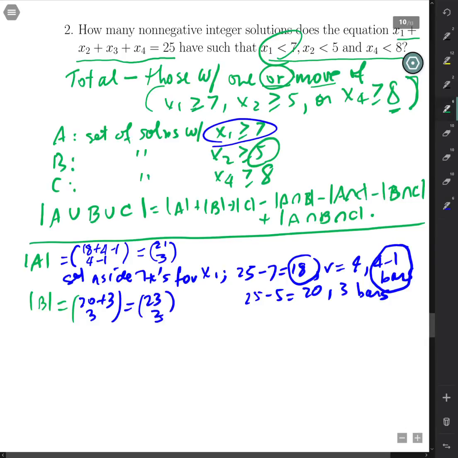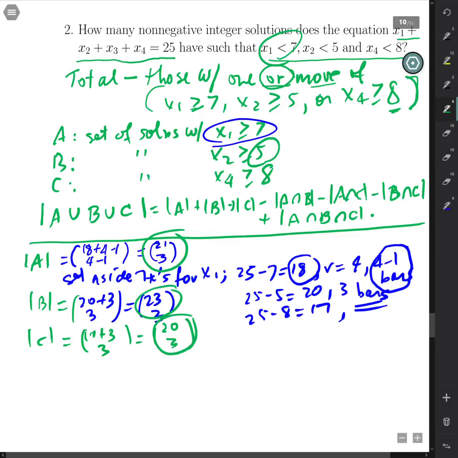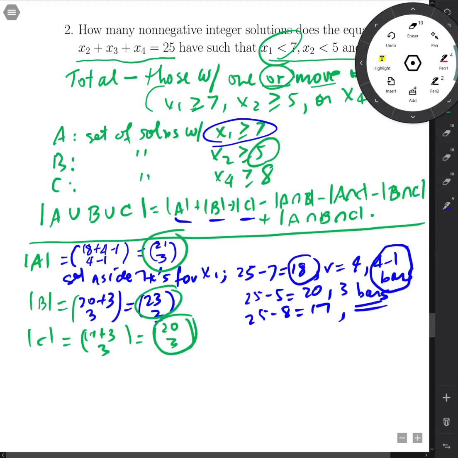For C, we'll set aside 8. So that means we're going to take 25 minus 8. So that's 17, and we'll still have 3 bars. So we have 17 plus 3, choose 3, or 20, choose 3. So we have these 3 numbers, and those are the ones we're going to add. These are all pluses.